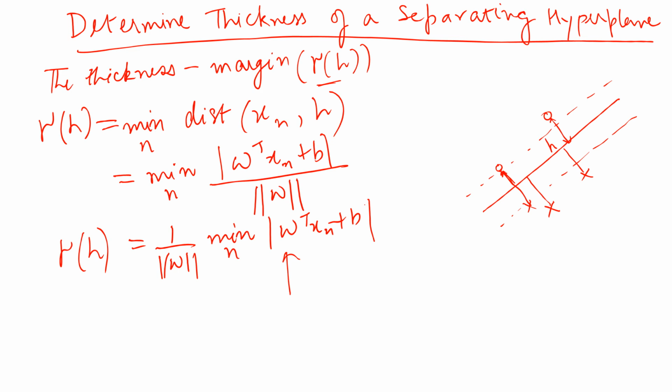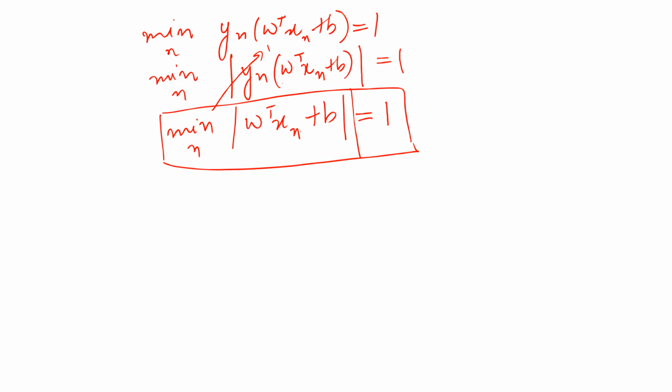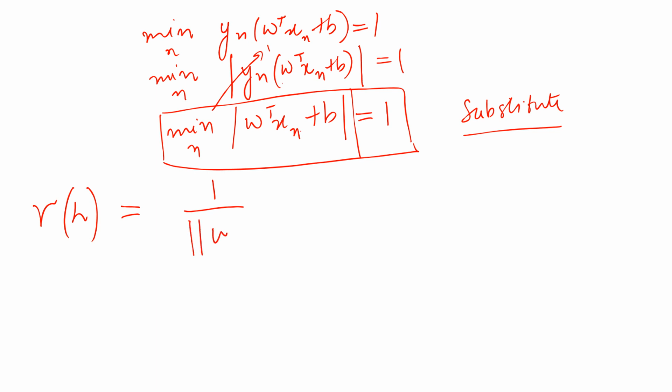And we already have some information about that closest point because we defined our hyperplane in a certain way, and so we can utilize that information here, the separating hyperplane. And so utilizing that equation, my gamma of h, if I just substitute this value in my equation, all I'll get is 1 over the norm of the weights.